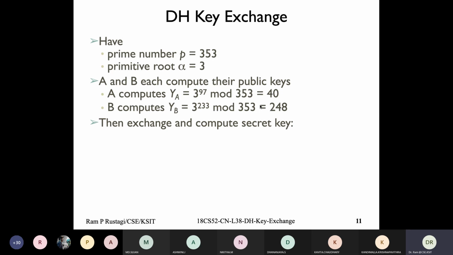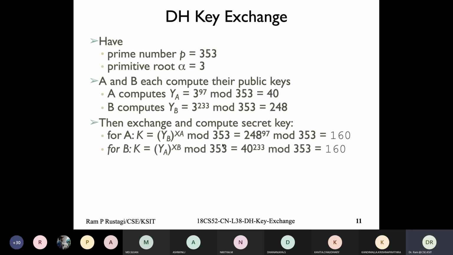How do they compute the key? When A gets the value 248, A computes 248 to the power 97, because that is what the key would be. So A computes 248, which is given by B, to the power 97, which is A's own number, mod 353, and this gives a value 160.